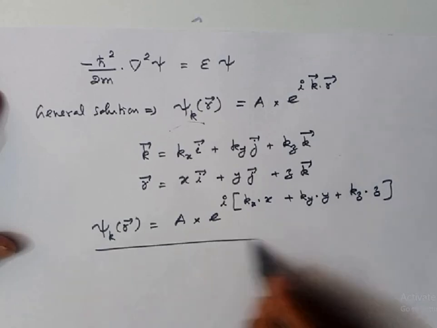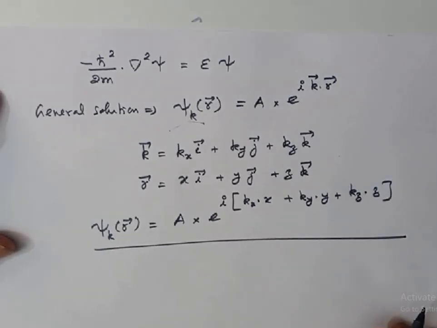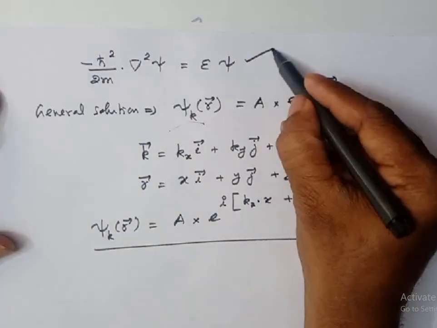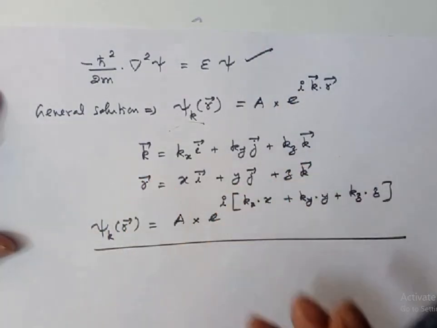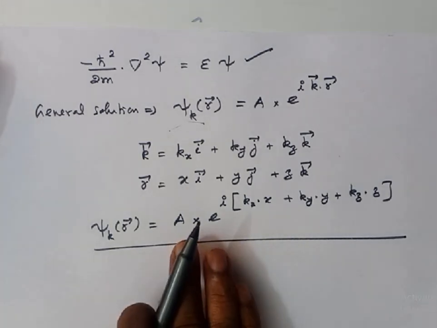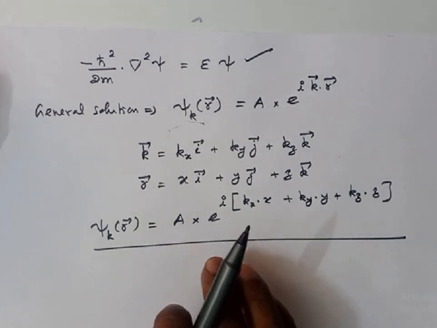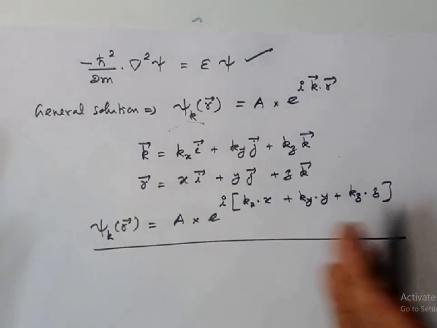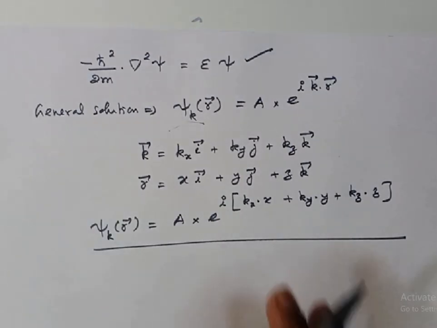So this is the general solution for the electron moving in a cubical piece of metal. Up to now I did not impose any boundary conditions here. This is the general solution for a particle moving in a constant potential in three dimensions.